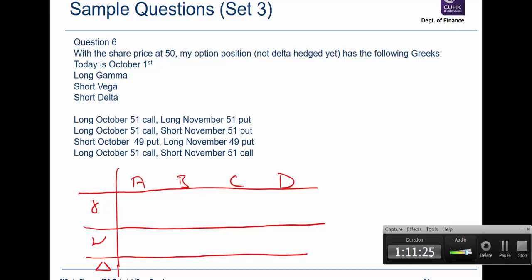Now, if I'm long and long, I don't even have to know what I'm long at. Okay, so here I know I must be long. So for option A, I would be long gamma, I would be long Vega. So answer A cannot be right because it says I'm short Vega. So I'm long gamma and I'm short Vega, I'm short delta. Okay, so A is nonsense.